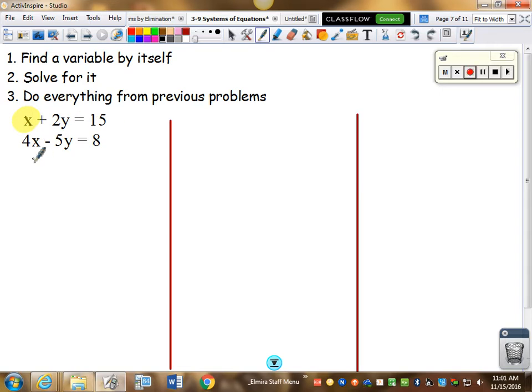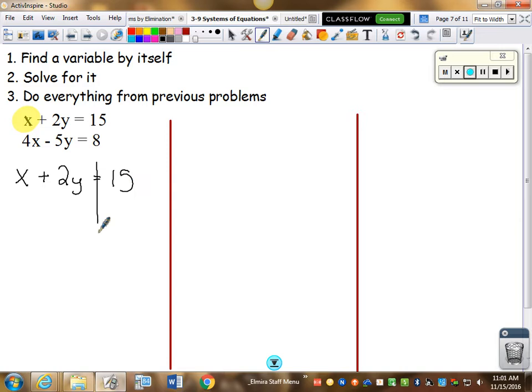But I can't because this doesn't say x equals, it says x plus. So the bottom line is I don't have this as an x equals. So before I can do any substitution at all, I'm going to have to get x by itself. I want this to be x equals.